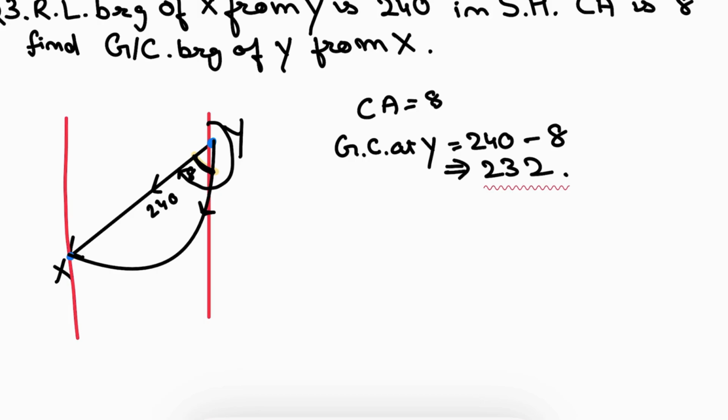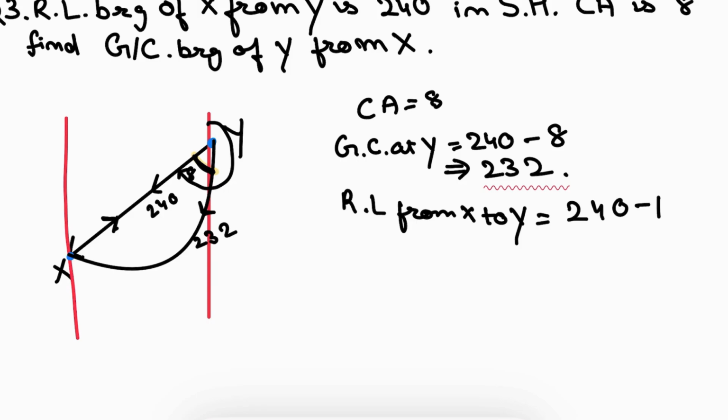Next, we need to find the rhumb line from x to y. The rhumb line from x to y is 180 degrees opposite of the 240. So 240 minus 180 is going to be 060. So this rhumb line is 060. Now we know that the highlighted yellow angle is 8 degrees and this angle is 60 degrees.